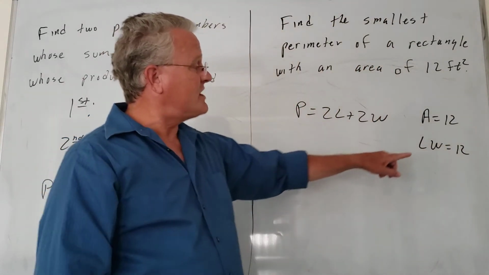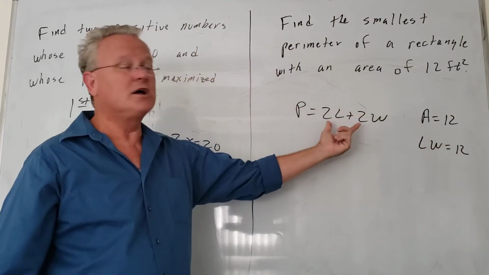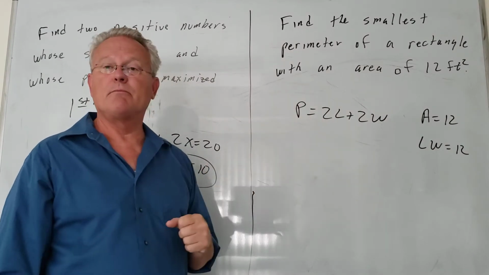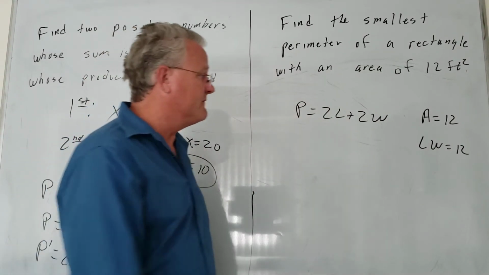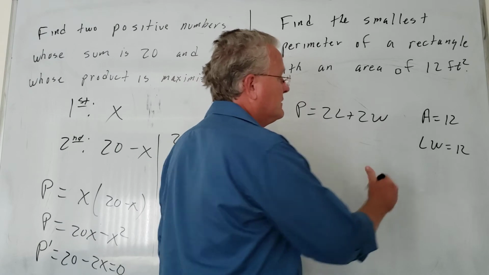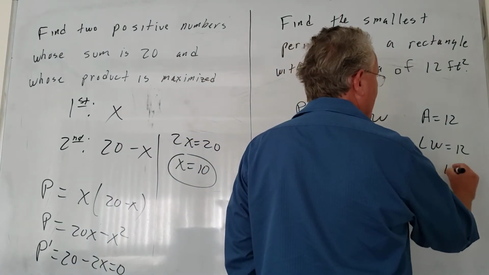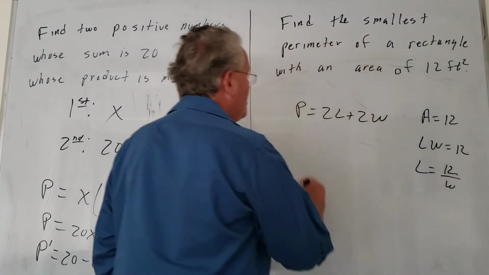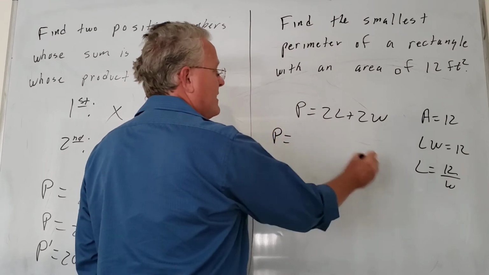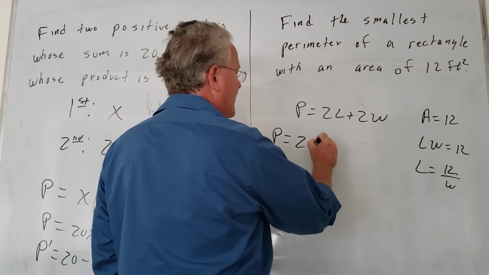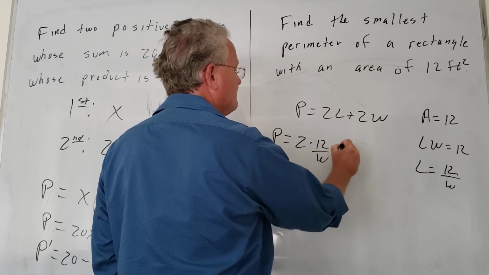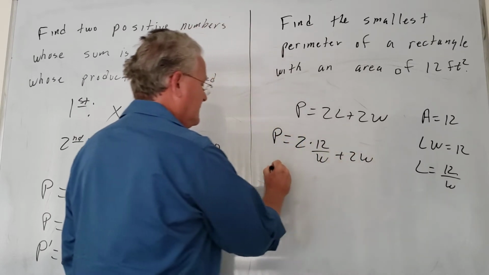We got to use that to make this a function of one variable. I can either solve this for L or W and plug it into our perimeter equation to make it a function of one variable. I'm going to solve for L. So when I divide by W, L is 12 over W. When I substitute that, we get 2 times L, but L is 12 over W, plus 2W.